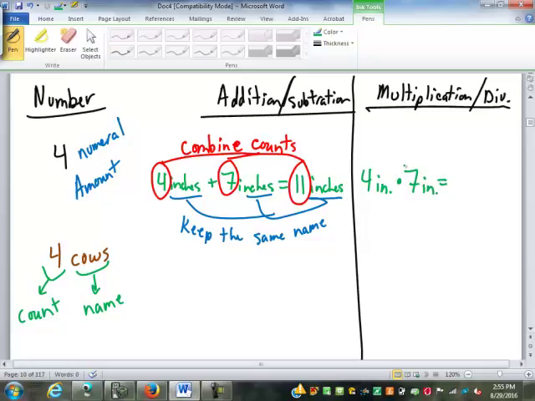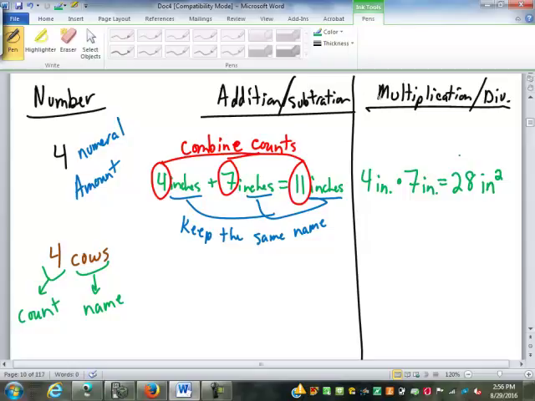Yeah, same as the little x. 4 inches times 7 inches is, not everybody at once, there'll be plenty of time for everyone to participate. What's 4 times 7? 28, there we go. 28 what? Not inches, but inches squared. Good.